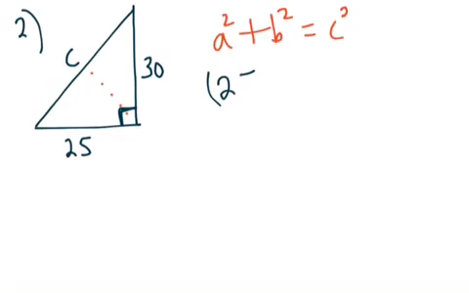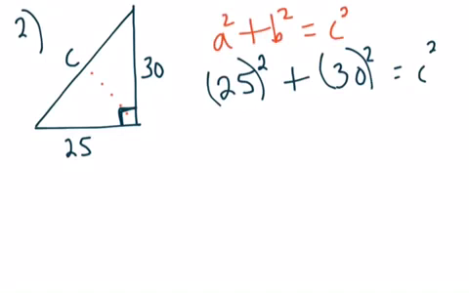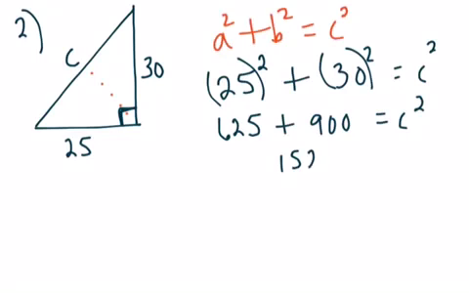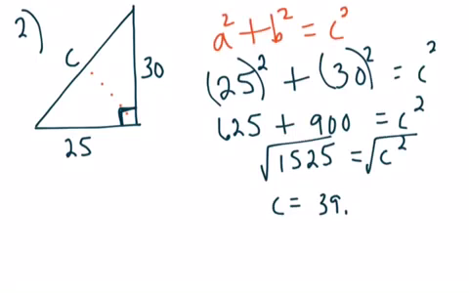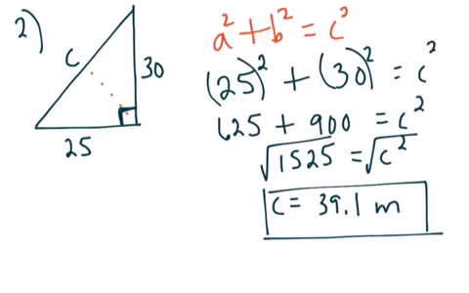But we're going to use 25 for a and 30 for b. 25 squared is 625. 30 squared is 900. When you add 625 plus 900, you get 1525 equals c squared. To undo a square, you have to do the square root. So the square root of 1525 is 39.1 meters because we were to round to the nearest tenth.